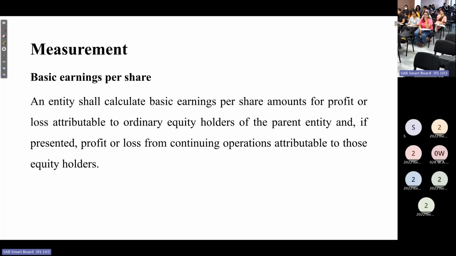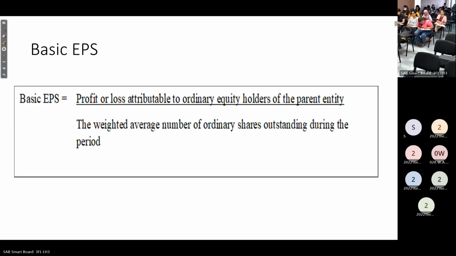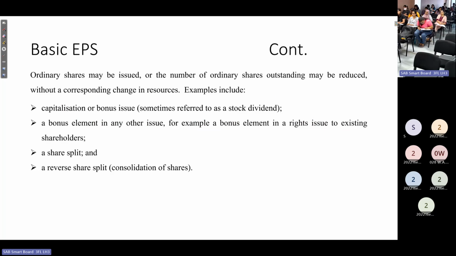That is available in the profit after tax, so you should remove the preference dividends. Then you will get the profit attributable to ordinary holders. This is the equation. Did you write it? Yes. Correct? Moving on. Basic EPS.